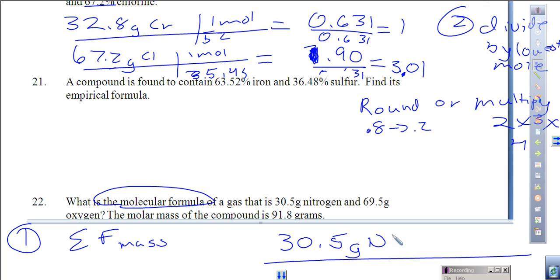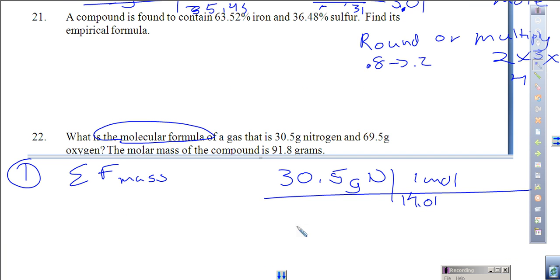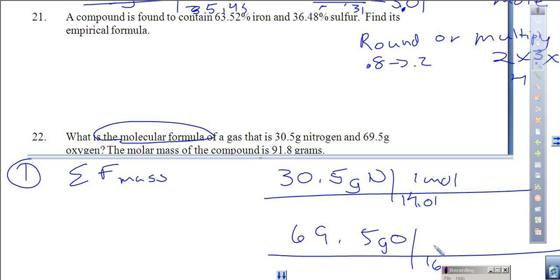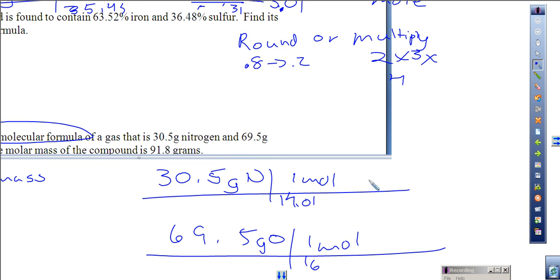So we're going to divide that by 14.01, 1 mole. And then we do 69.5 grams of oxygen, divide that by 16 and 1 mole. All right, guys, so what's 30.5 divided by 14.01? Anybody? 2.18.